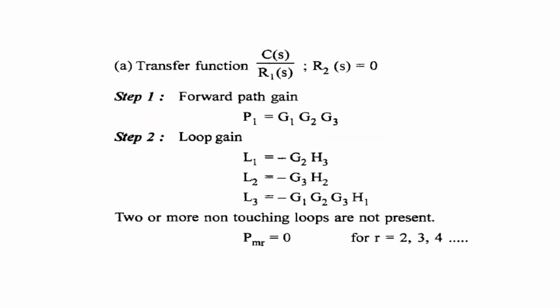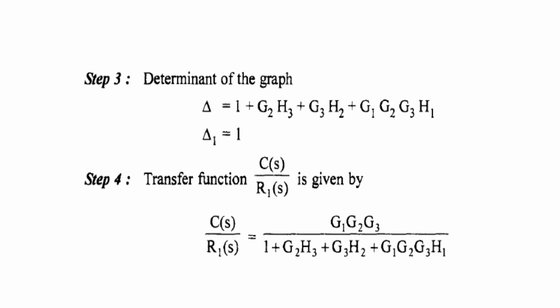So for this particular example, your P1 is G1, G2, G3. We have 3 loops, minus G2H1, minus G3H2, minus G1G2G3H1, and there are no non-touching loops. Okay, and delta 1 is also equal to 1. So this is what I told you. When you are finding the transfer function C of S by R1 of S, you need to take R2 as equal to 0. Now replace all the values by determining the delta value.